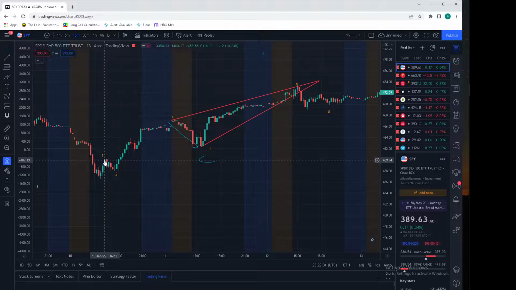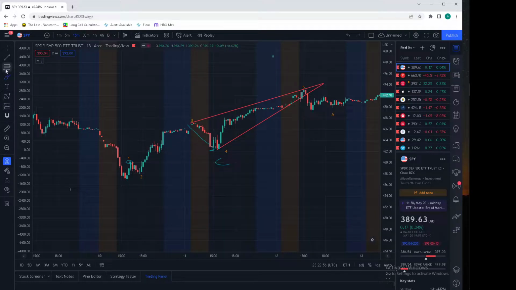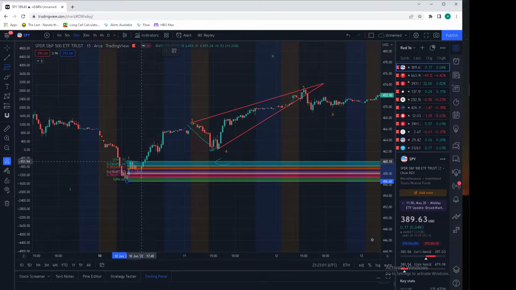If you wanted to play the bottom of this two wave, that would be a good entry right here. So you wait to see the bottom of wave two. Like you said, you don't want it to go below one, or that invalidates it. Correct, exactly.